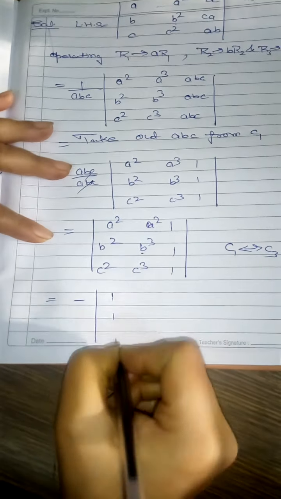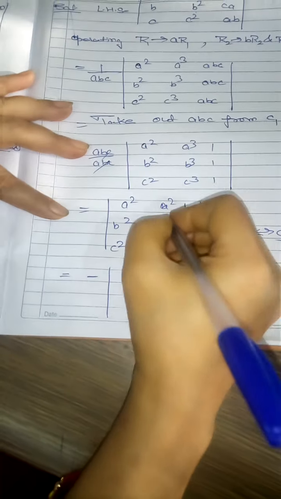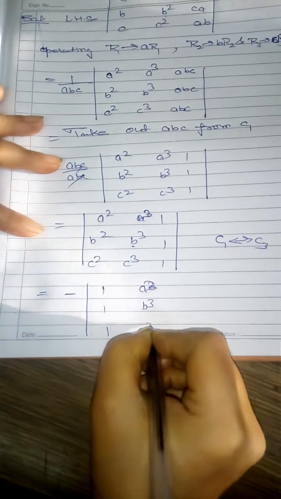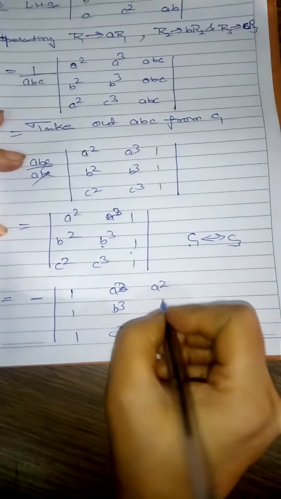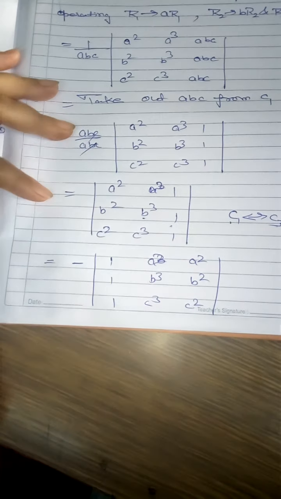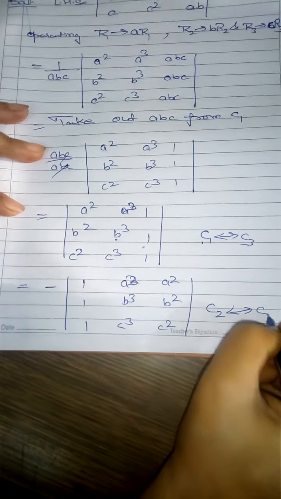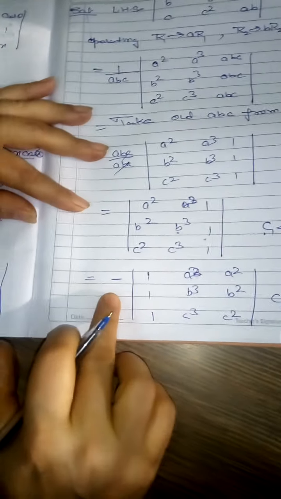So 1, 1, 1 is coming here, then a square, and a cube, b cube, c cube as it is, with a square, b square, c square coming in the other place. But in the RHS, we need a cube, b cube, c cube, so again we interchange C2 with C3. Again when you interchange, the minus sign will come, then minus minus is plus.